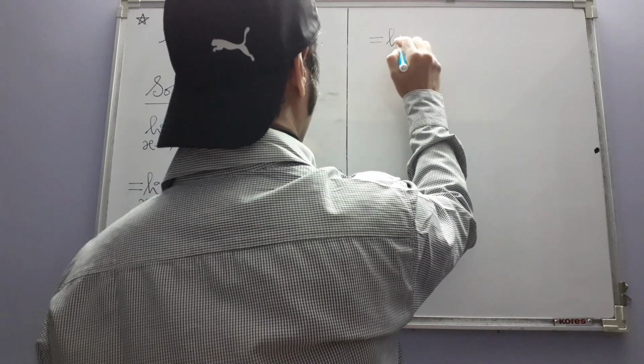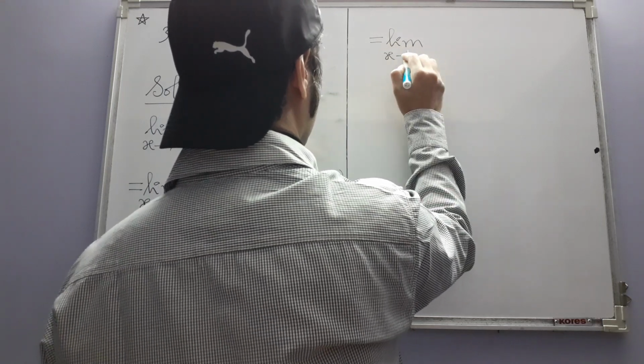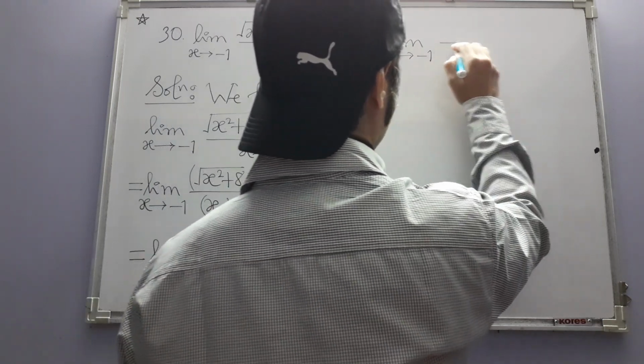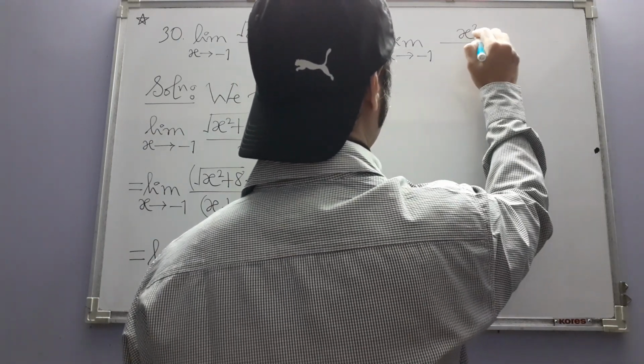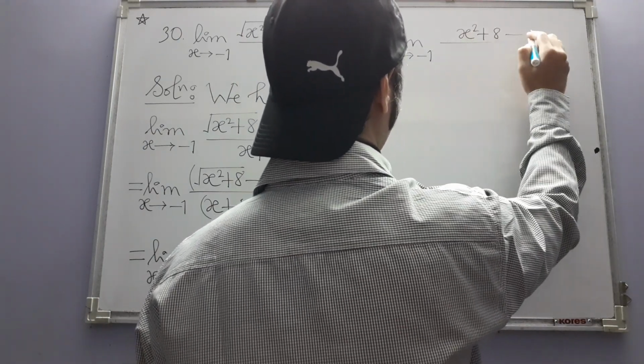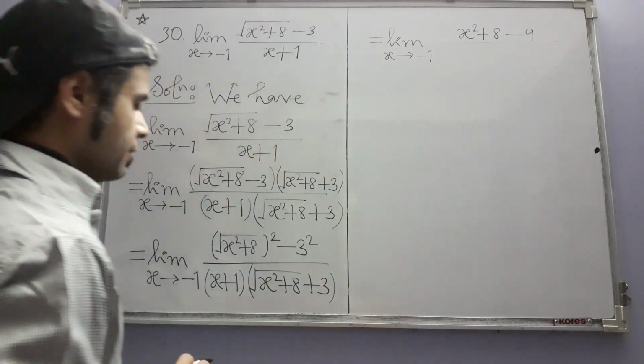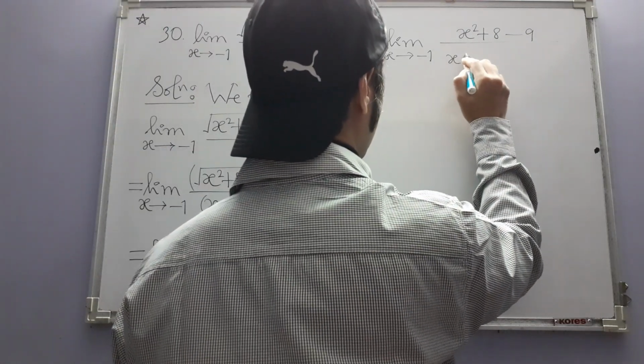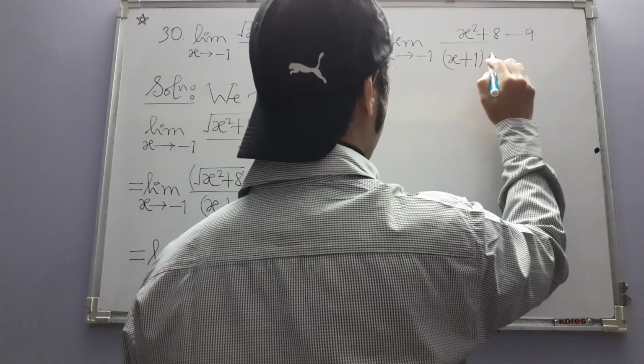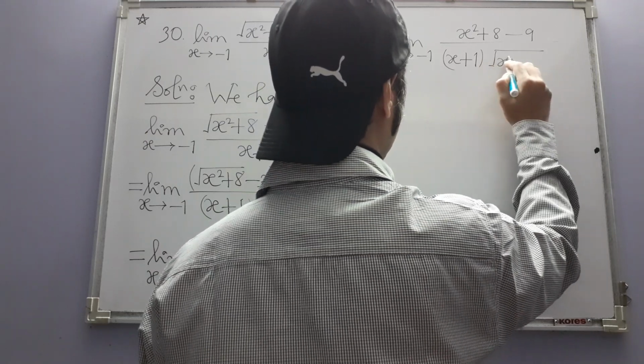Okay, so now the numerator becomes x squared plus 8 minus 9, and the denominator is again that same thing.